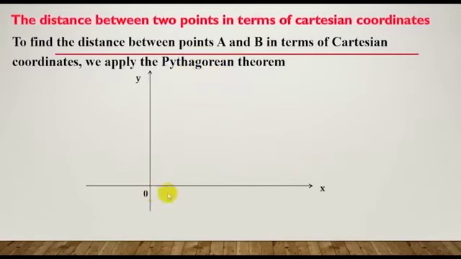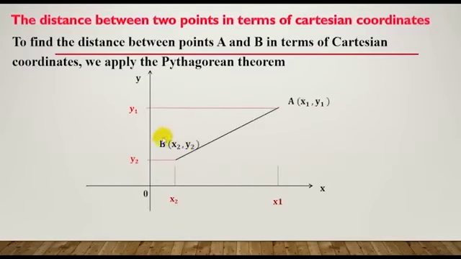Let's say we have x and y, with x1, x2 and y1, y2, and we have a distance between the two points. Here A is x1, y1 and B is x2, y2.